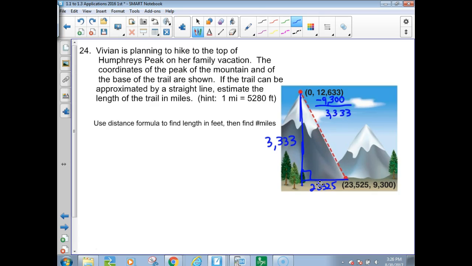So now we can do the Pythagorean theorem and take the square root. So the distance formula would give me, and here's the easiest way to do this formula, I already found out the difference in the x's and y's, so I'm going to go 23,525 squared plus 3,333 squared.